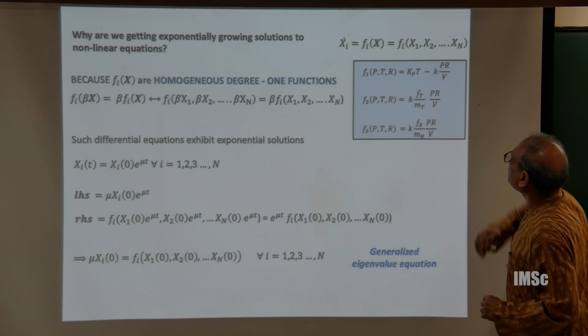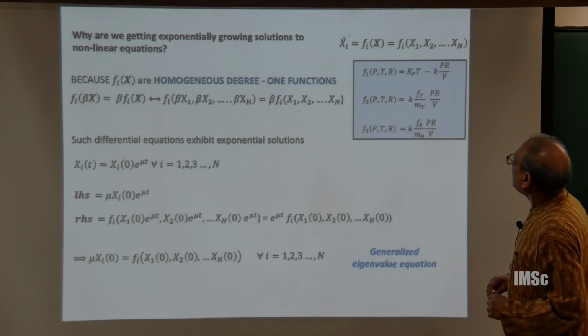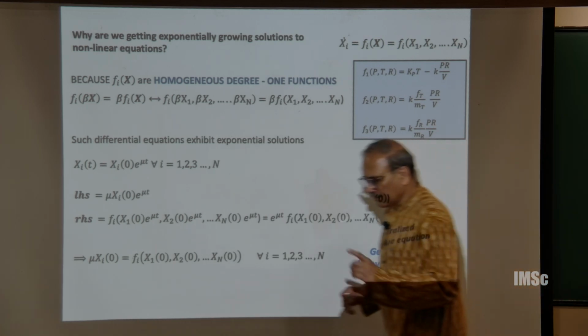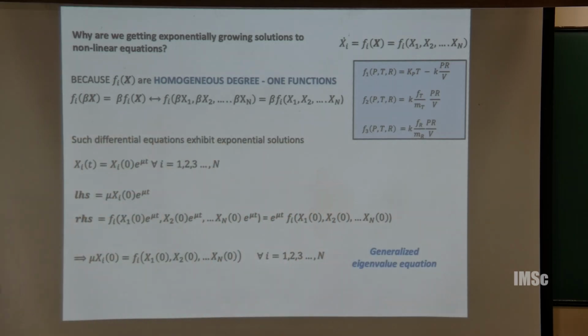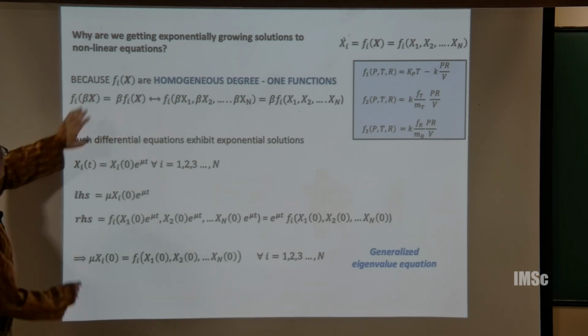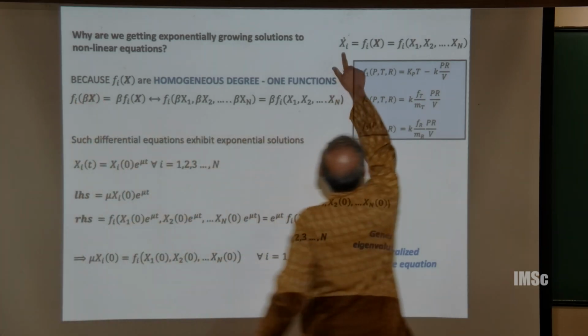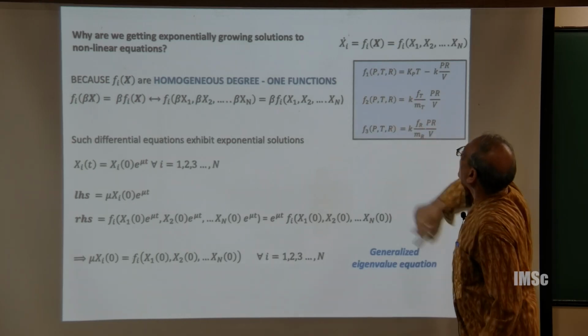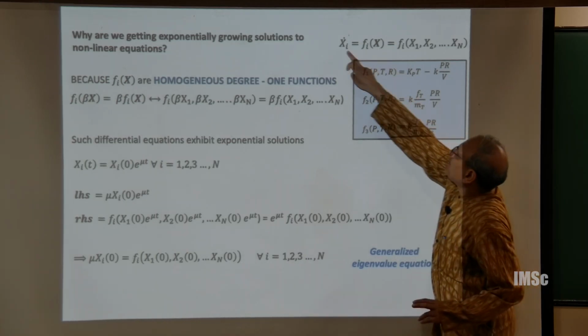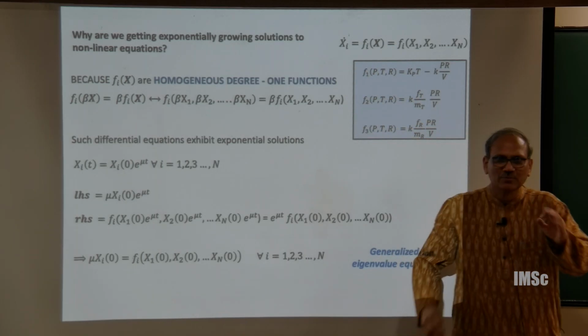Our understanding is the following: the functions Fi are highly nonlinear, but they are nonlinear in a very special way. Our dynamical system is xi dot equals Fi of x, where the capital X's denote the populations.